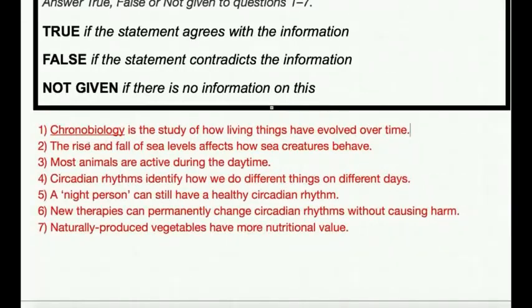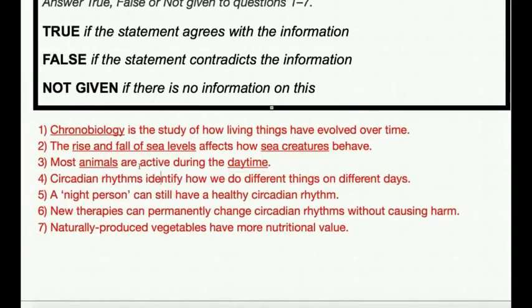Now for the next one, number 2, the rise and fall of sea levels affects how sea creatures behave. So here we could look for something like the rise and fall of sea levels, sea creatures. Question 3, most animals are active during the daytime. So we could look for animals, we could look for something about daytime.